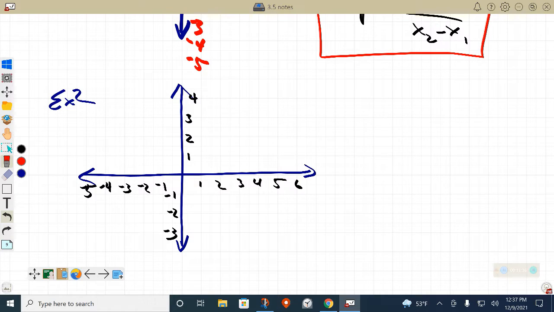Go ahead and put a point at 0, 3 and at 1, 1. So 0, 3 and then 1, 1. Let's go ahead and put, this is gallons, and this is seconds.